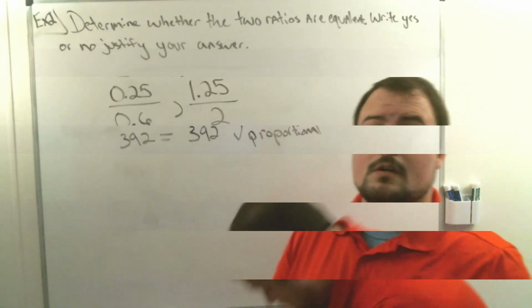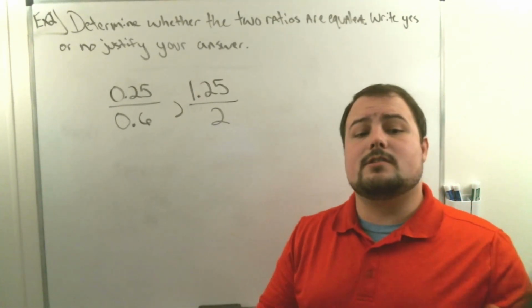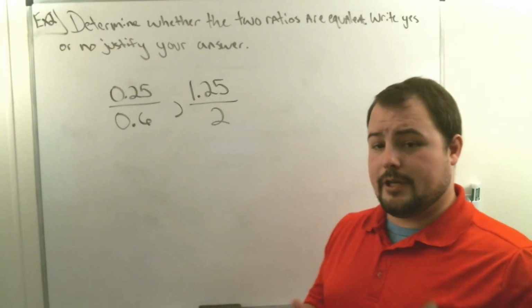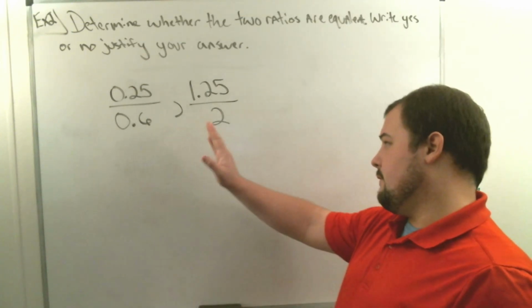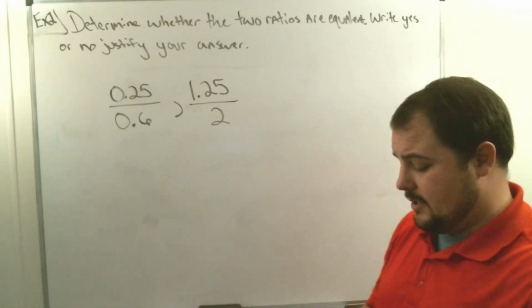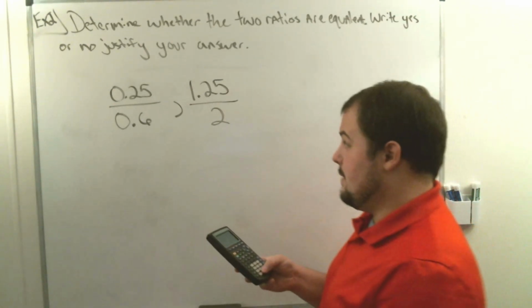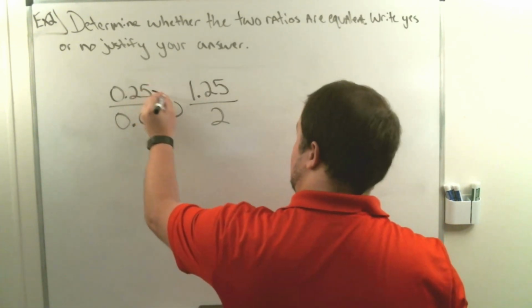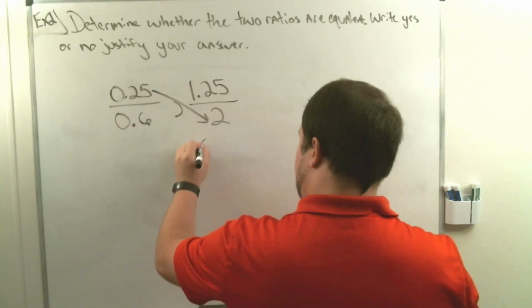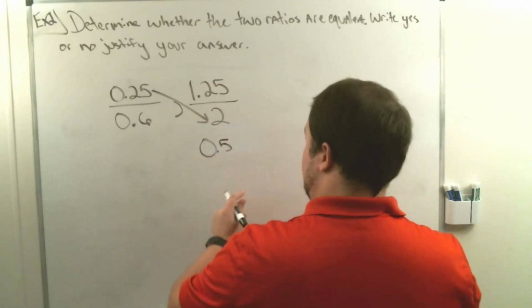Let's keep going. In example 2, we're going to tell if these two decimals are equivalent ratios. So we're going to use the same method. We're going to look at fraction 1, fraction 2, and cross multiply them. I'm going to use a calculator to help me with my mathematics. So 0.25 times 2, I'm taking this number times that, I get 0.5.